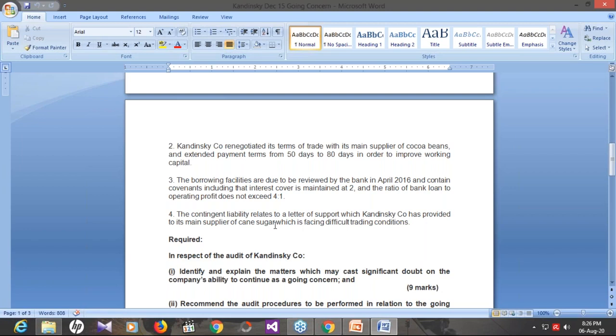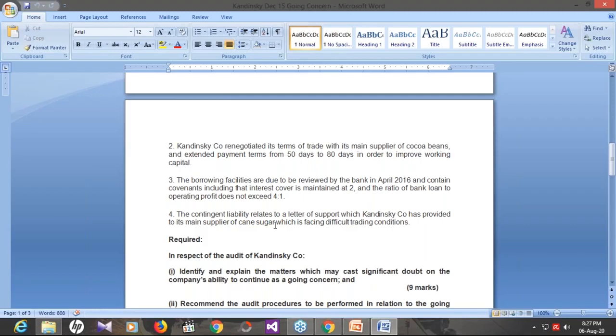For example, if we discuss the possibility of contingent liability, that the company may have to pay, because we have provided a letter of support to our main supplier, we need to see first of all that letter of support, what legal claim is written on that letter, and we have to confirm any condition under which Kandinsky would be liable to pay 120,000.